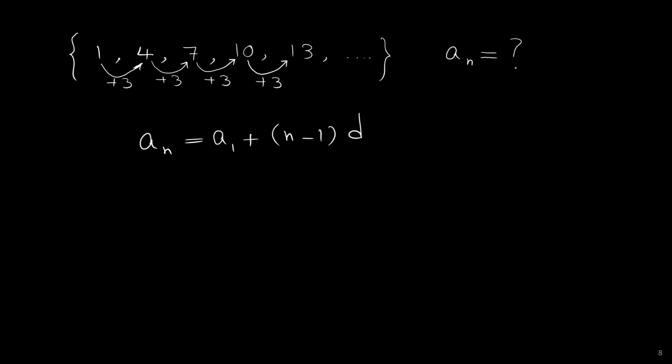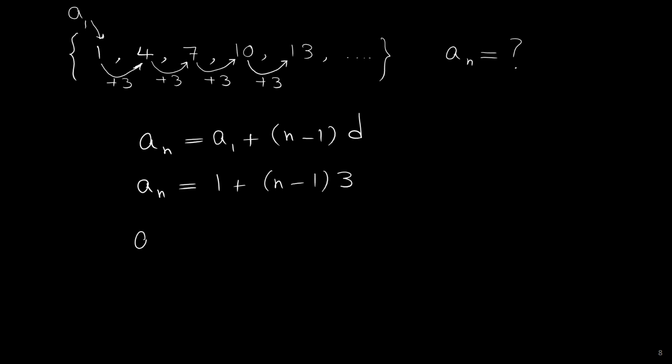So in this particular case, a sub n, the general term or the nth term, would be a sub 1, which is the first term. The first term of this sequence is 1. So 1 plus n minus 1 times d. The difference between the terms is 3.